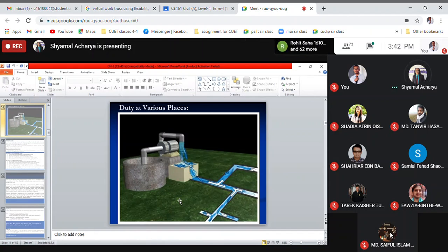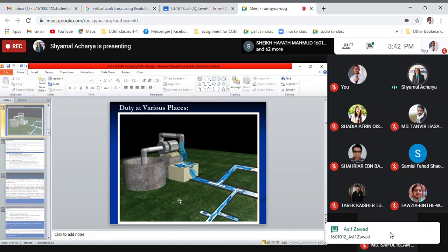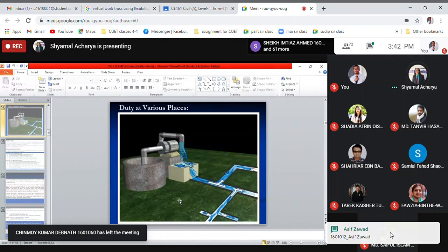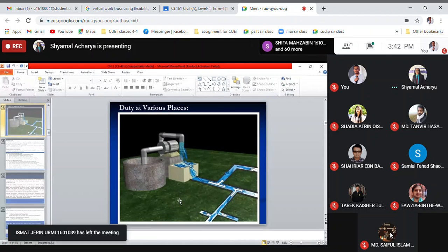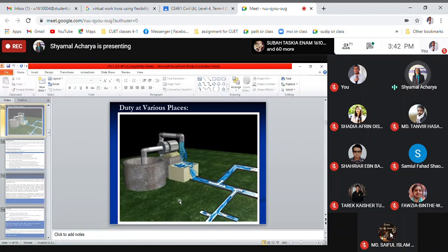Just after the extraction, the wastage of water starts. Wastage in the way of evaporation, in the form of percolation or deep percolation, that is the way.